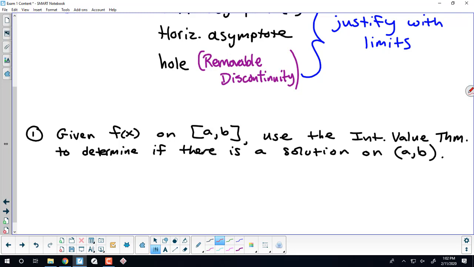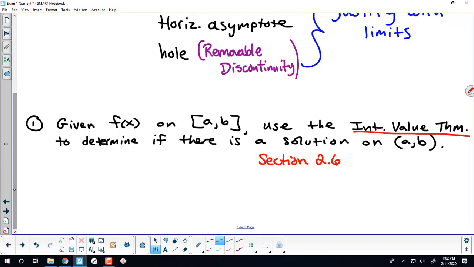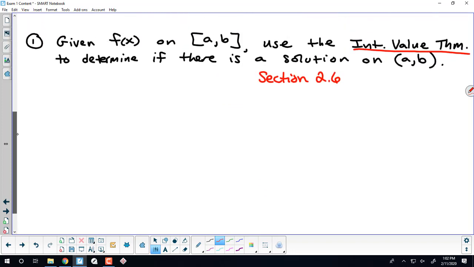The intermediate value theorem was in 2.6 when we talked about continuity. So one question over that theorem.